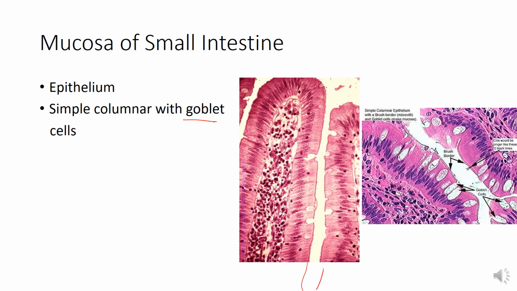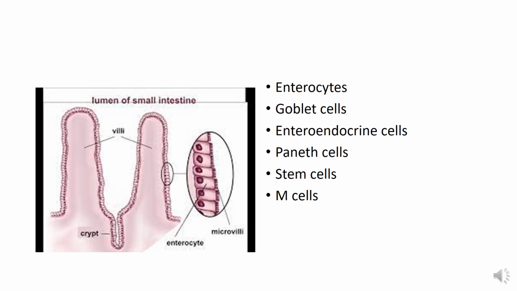Now the intestinal epithelium, here you can see that it is simple columnar epithelium with goblet cells. So here you can see the simple columnar, column-like cells with oval nuclei lying in the basal portions.